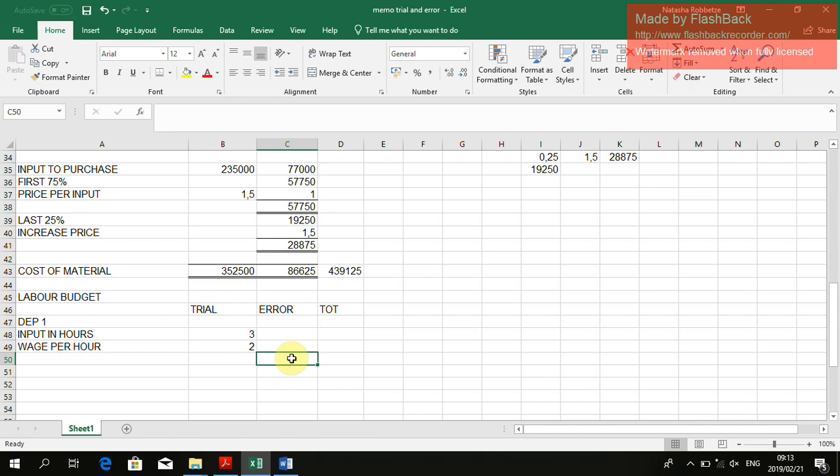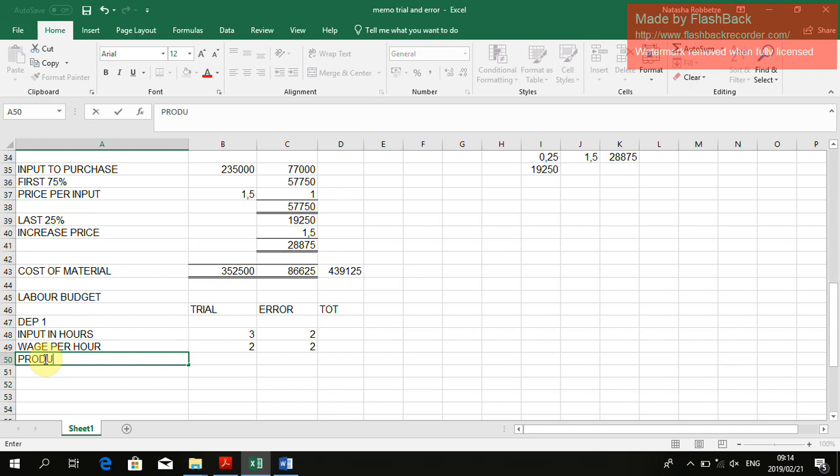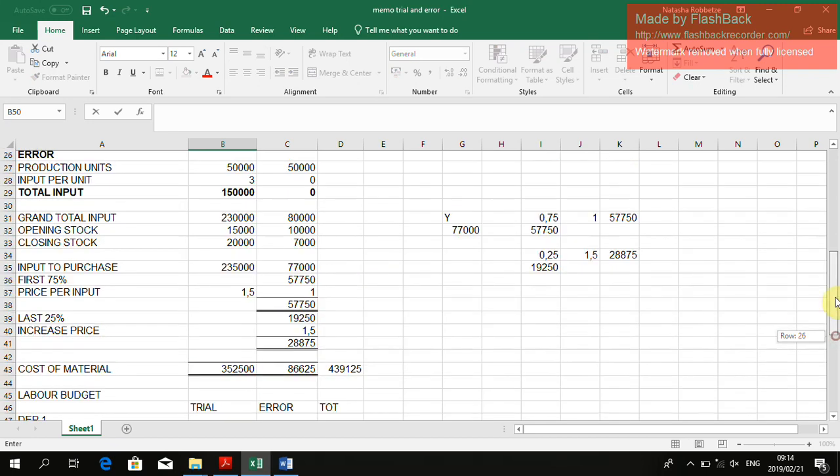Right, so then if I look at error, we have 2 hours at 2 rand. Then we need to go and find how many units we will make. And I believe for trial it was 50,000? Let me just double check.